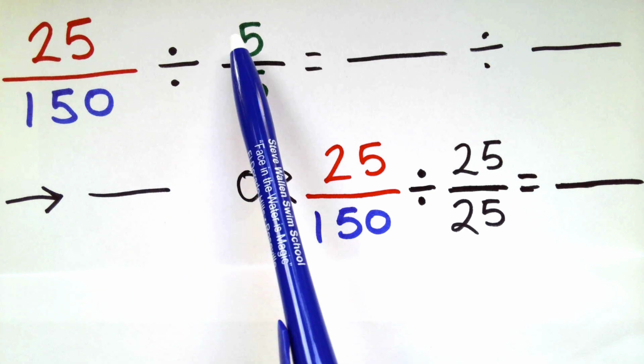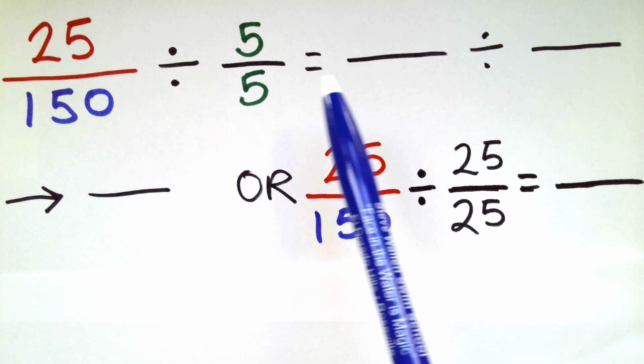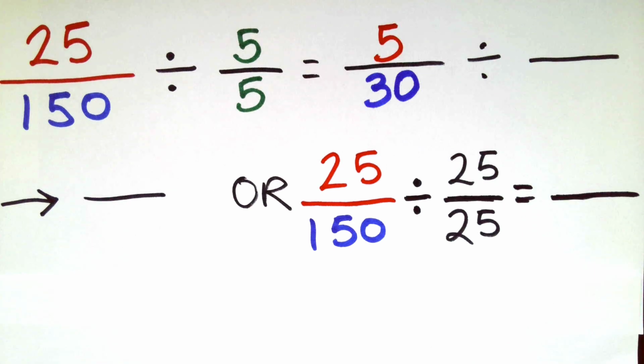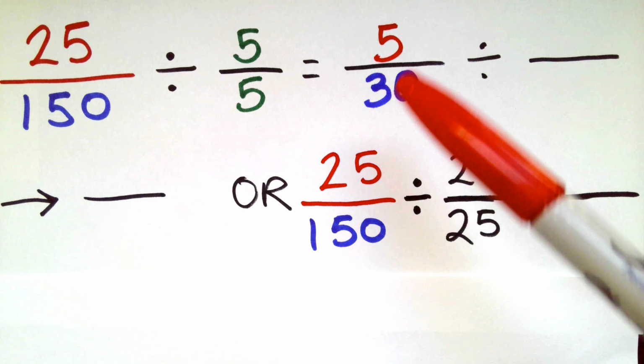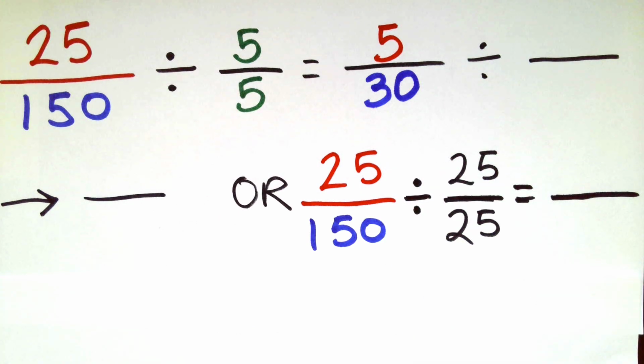25 divided by 5 is, and 150 divided by 5 is, try to work that out. Hit pause and try to work that out yourself. If you said 5 and 30, you're absolutely correct.